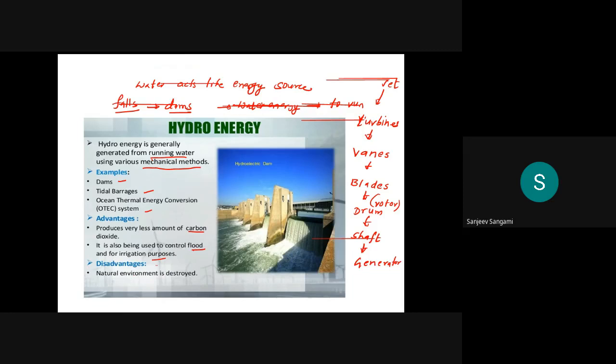Of course, the disadvantage is that during the monsoon season we can generate it, but when there is water scarcity, it is very difficult to generate hydro energy.